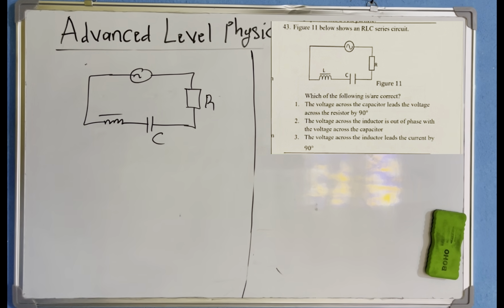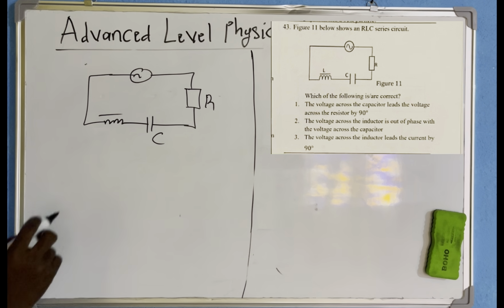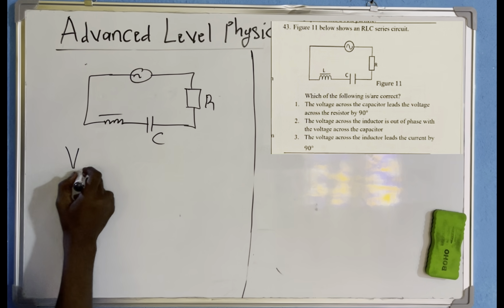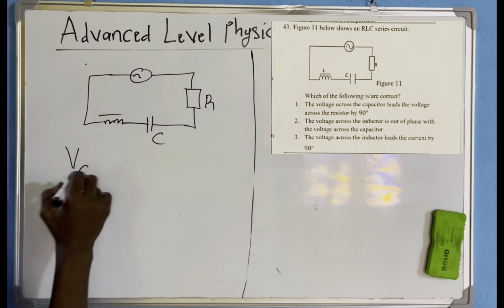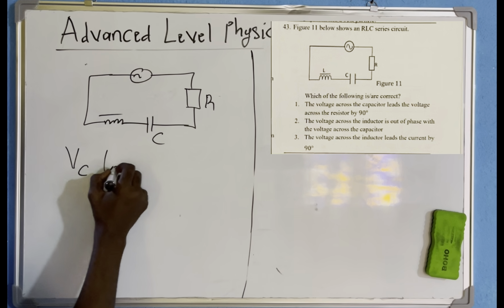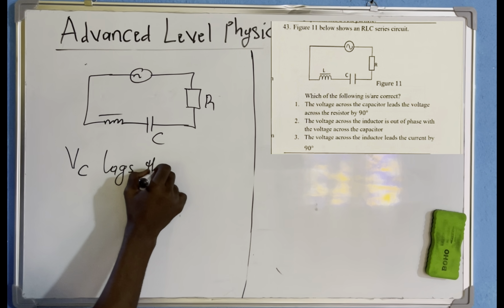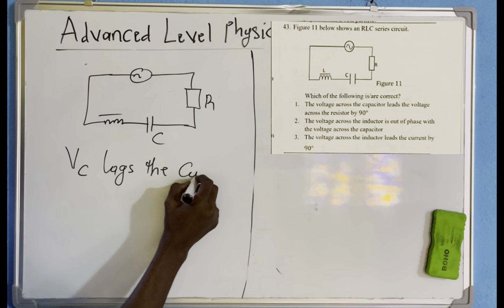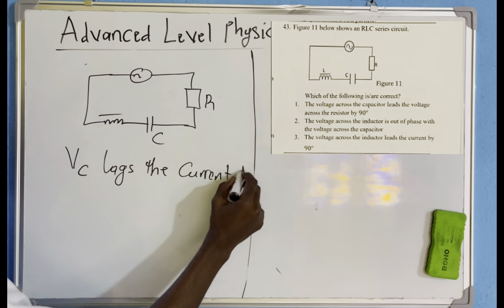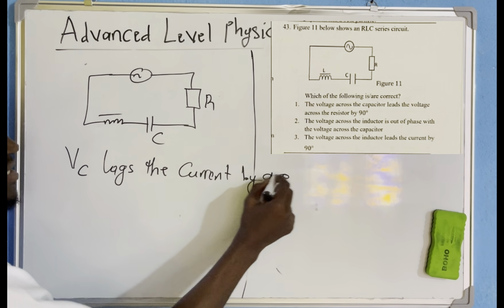Now, the first question: which of the following is or are correct? 1. The voltage across the capacitor leads the voltage across the resistor by 90 degrees. Is it correct? From the phasor diagram, if you master it, you know that the voltage across the capacitor lags the current by 90 degrees.